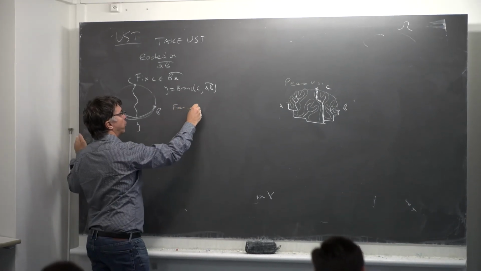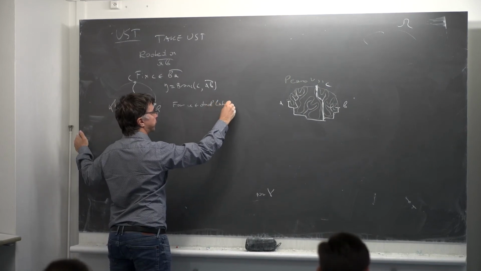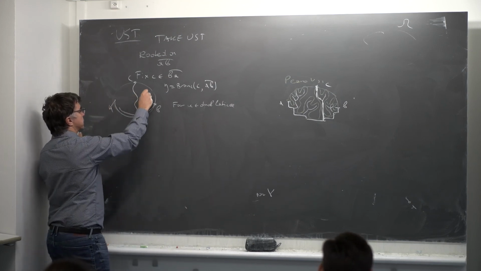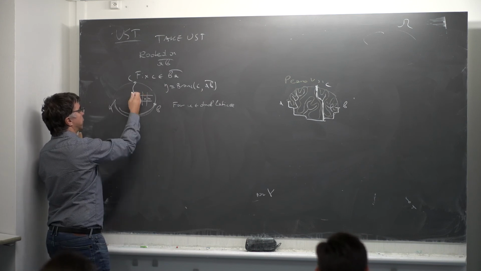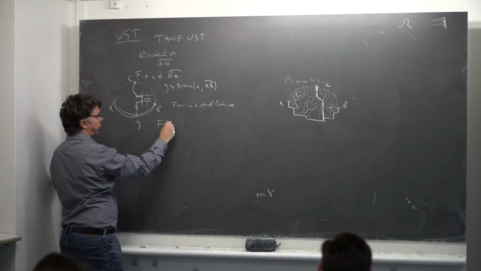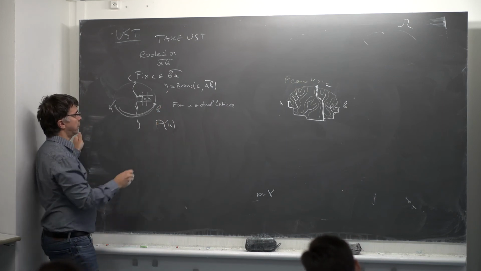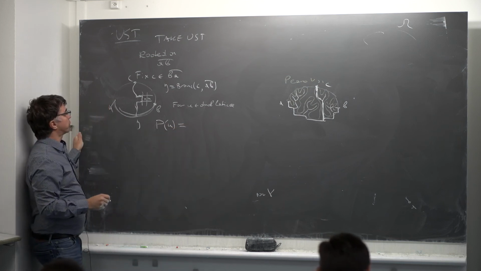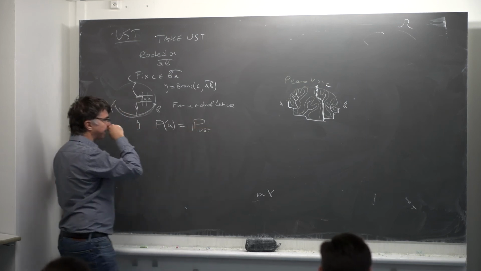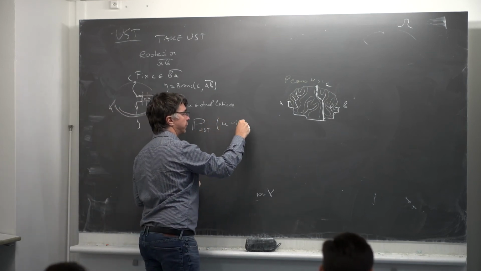Now for u on the dual lattice, so it's one of the centers of the cubes, this is a point u. We write p of u, f is a bad letter, equal to the probability for this UST that u is to the right of gamma.